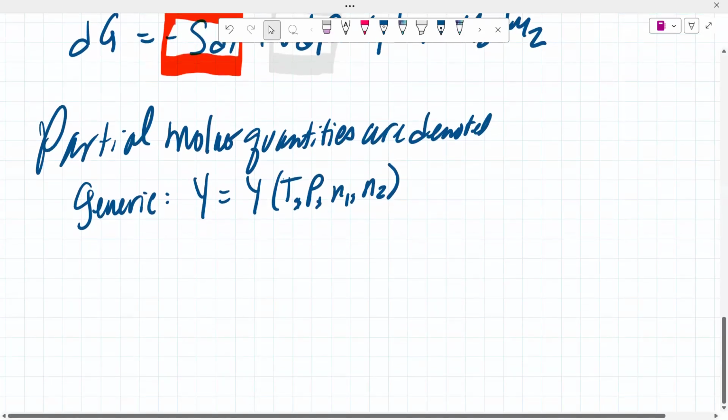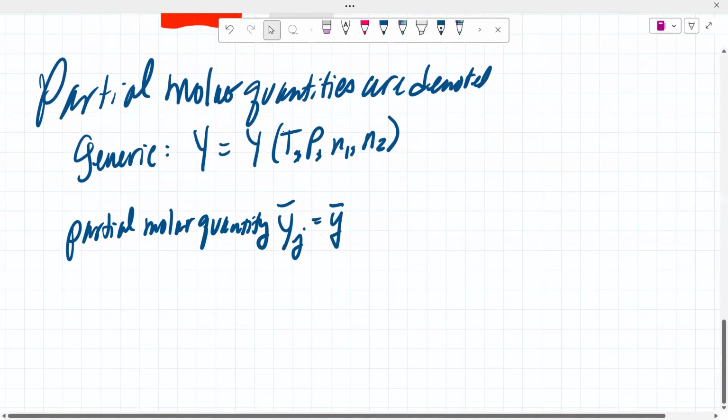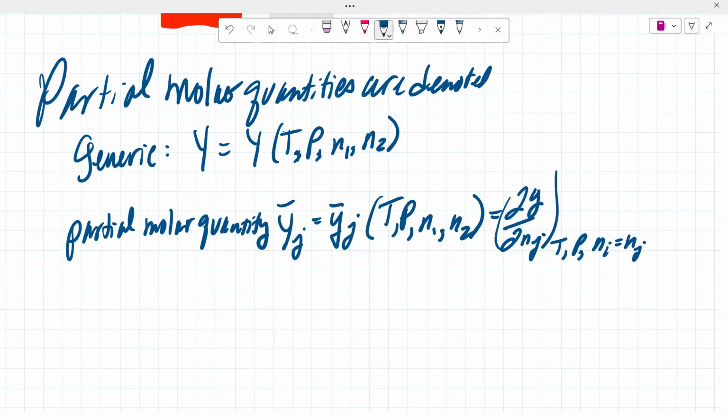And now we have the partial molar quantity Y bar sub J of T, P, N1 and N2, like so, equals the partial of Y with respect to N_J at T, P, and N_I not equal to N_J, in other words, not to itself.